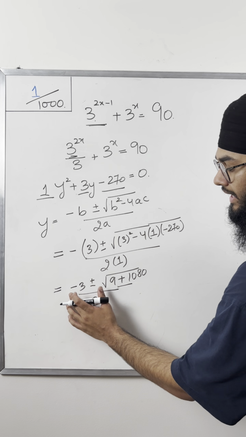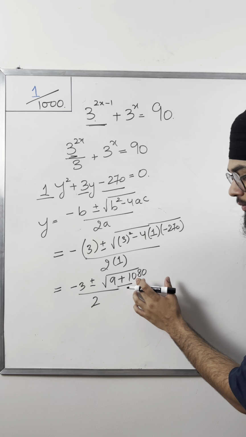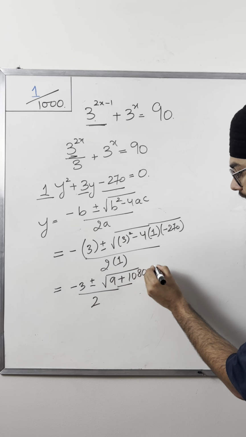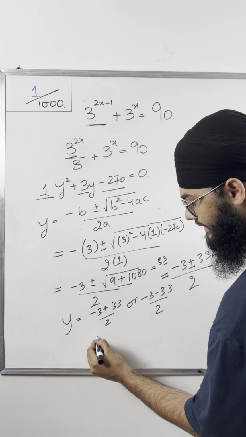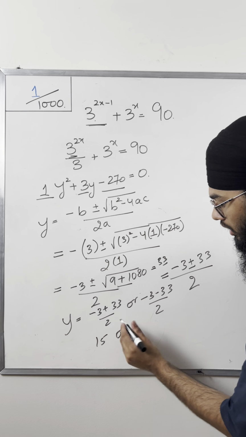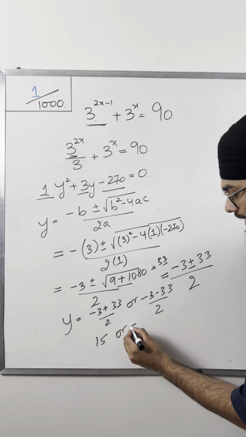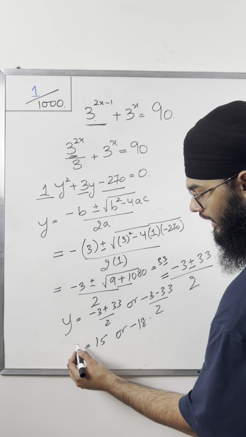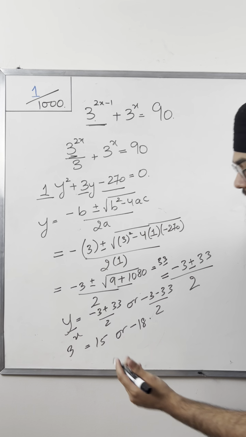Which gives us negative 3 plus minus square root of 9 plus 1080, which is 1089. The square root of 1089 is 33, divided by 2. Negative 3 plus 33 over 2 is 15, or negative 3 minus 33 over 2 is negative 18, which is equal to y, and y was 3 to the power of x.